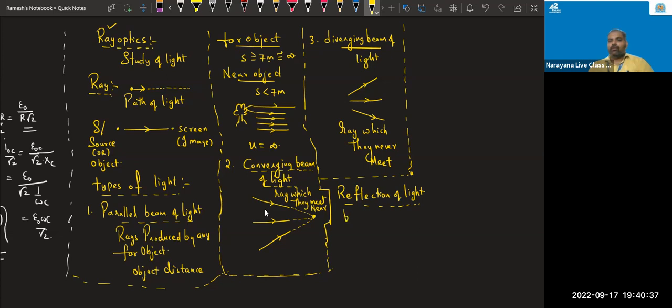So I will write down that point. Bouncing nature of light when it falls on only which surfaces? Smooth surfaces. It is called what here? Reflection of light.